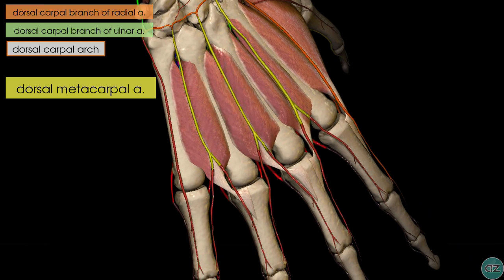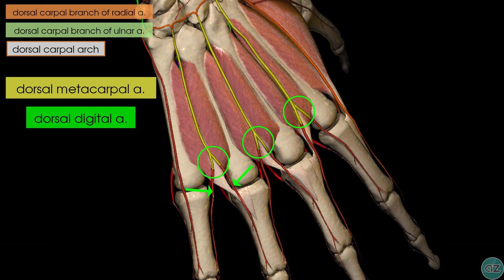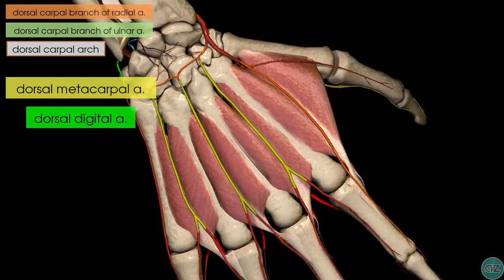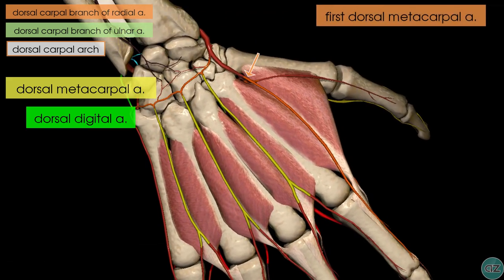These three dorsal metacarpal arteries, as you can see, divide into two, so they divide into dorsal digital arteries. Now just coming over laterally to the thumb side, we can see here that the radial artery gives off the first dorsal metacarpal artery, which as you can see divides into two to supply the adjacent sides of the thumb and index finger.